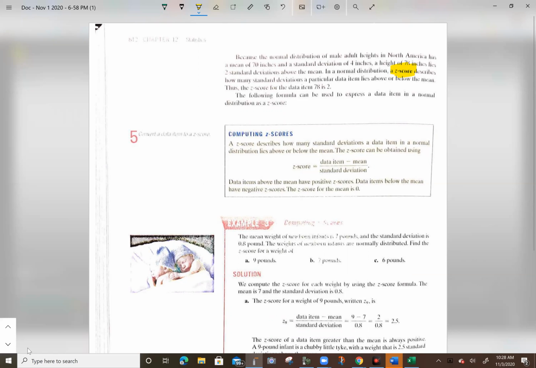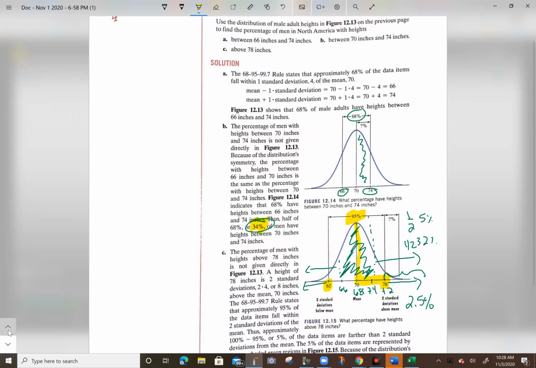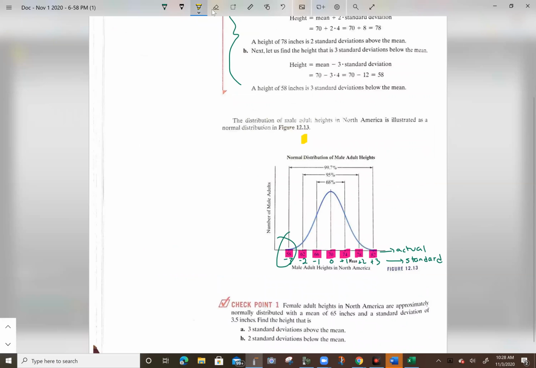If we go back and look at the original one here, those standard deviations, these numbers are the standard scores. The standard score in this distribution of 70 is 0. The standard score of 74 is +1. The standard score of 66 is -1.